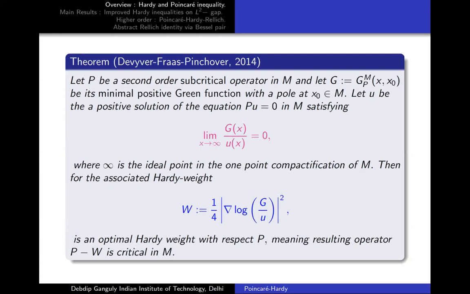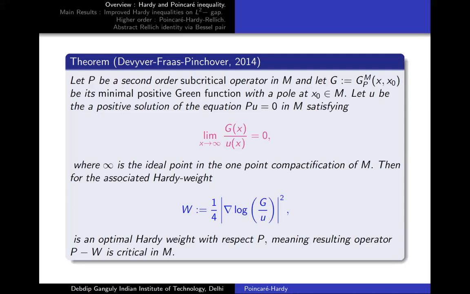This is a very general result: if P is a non-negative operator, there are two possibilities. Either P is critical or P is subcritical. This can be proved by using the maximum principle. I'm not going into the construction, but you can use an exhaustion principle. You take a compact bounded domain and exhaust the manifold, and for each compact domain you have a Green's function with u equal to 0 on the boundary.